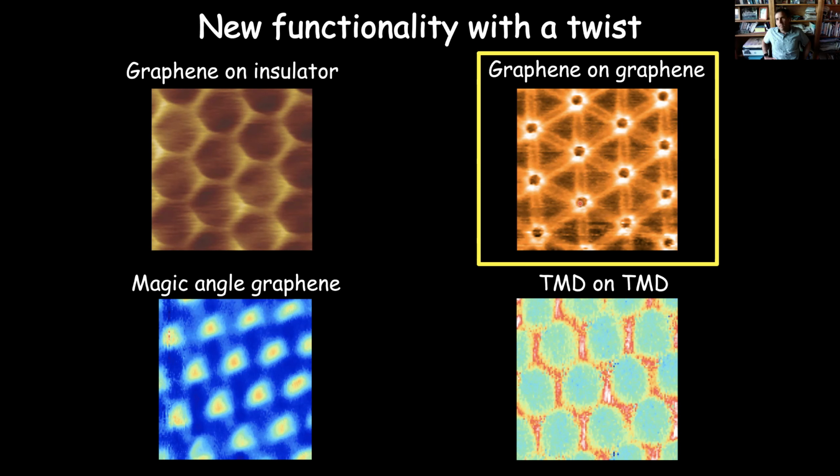It was essentially below our detection limit. We have an energy resolution, because we're at 4 Kelvin, of about 1 millielectron volt, and it is below the level of 1 millielectron volt. So it's at least 2 orders of magnitude reduced from what you see on graphene on silicon oxide.